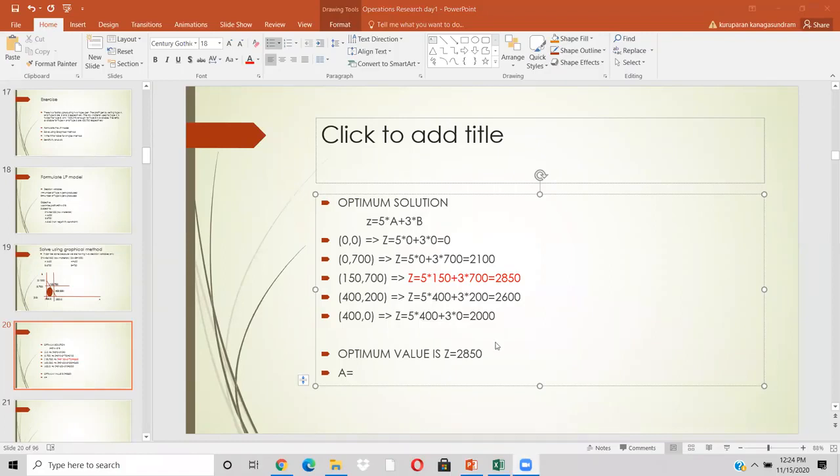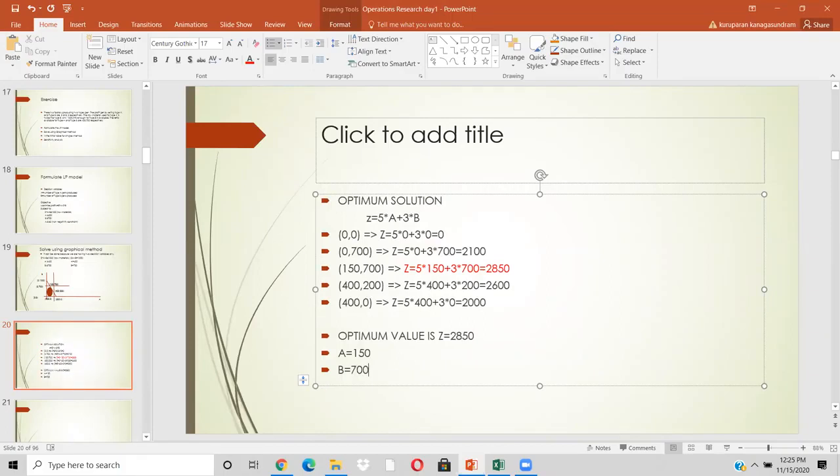You have to write it this way: I have to produce 150 units of A and 700 units of B. That's all with the graphical method.